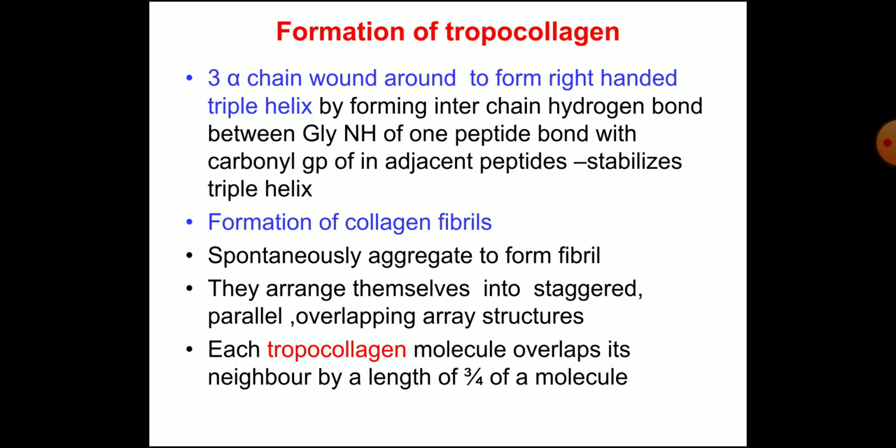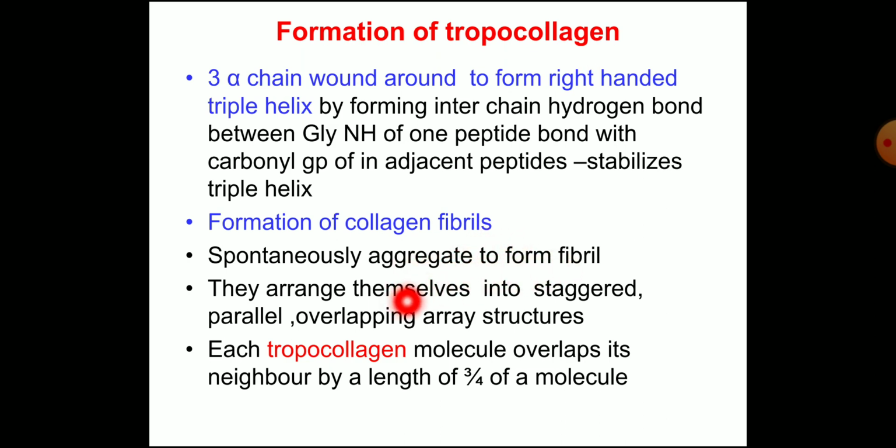Now the 3 alpha chains wind around to form the right-handed helix by forming interchain hydrogen bonds between the glycine amide of one peptide and the carbonyl group of the adjacent peptide, and thus stabilize the triple helix. Then comes formation of collagen fibrils, which spontaneously aggregate to form the fibril.